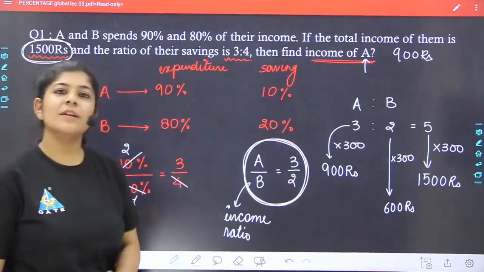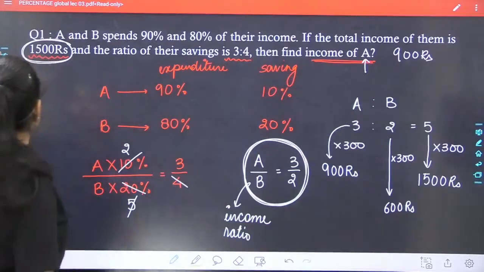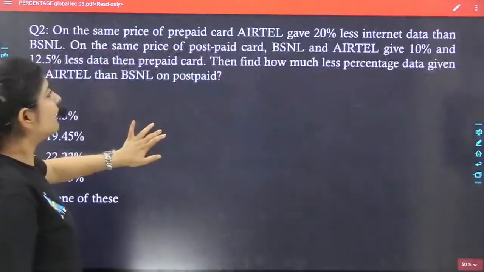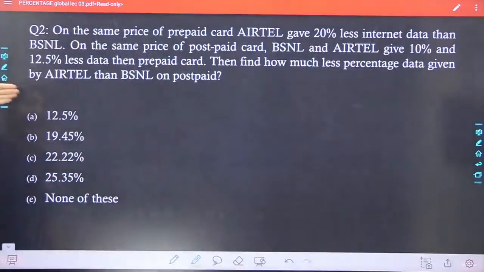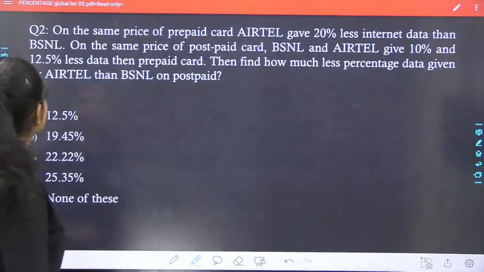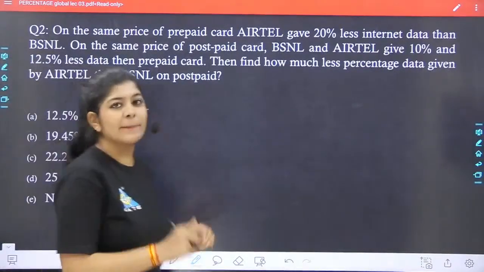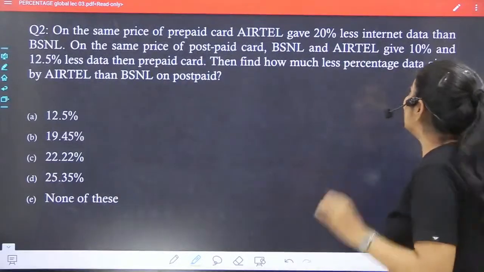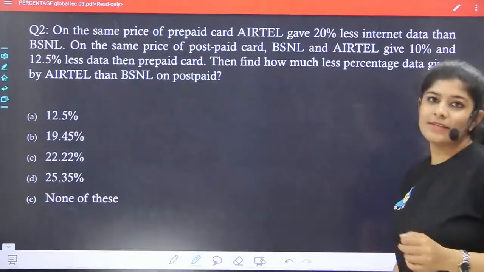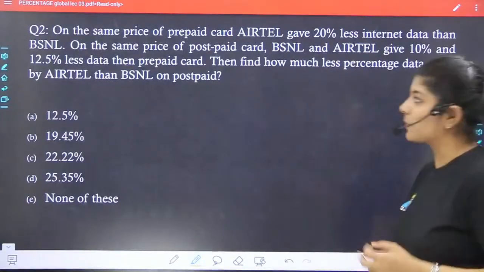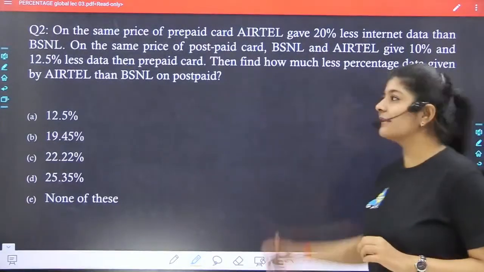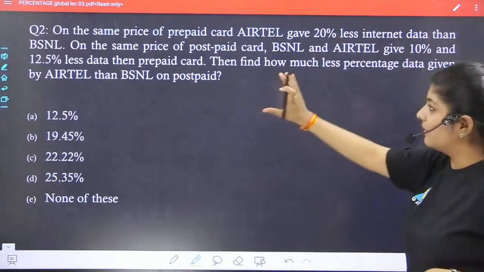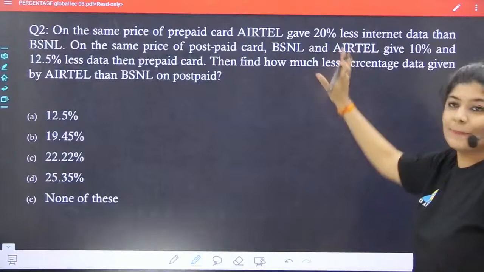Okay, now let's move to the next question. Question number 2. Here we have question number 2 and here we have options as well for this question. On the same price of prepaid card, Airtel gave 20% less internet data than BSNL. Here we have two internet service providers, Airtel and BSNL, and there's a comparison of data given by these providers on the prepaid card.